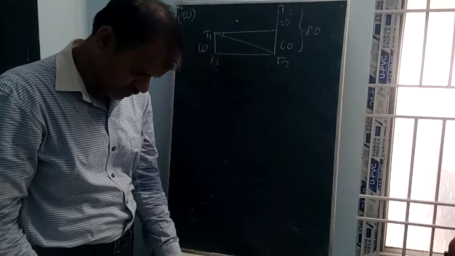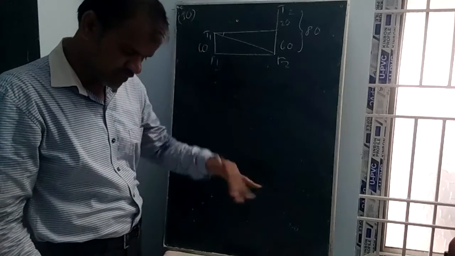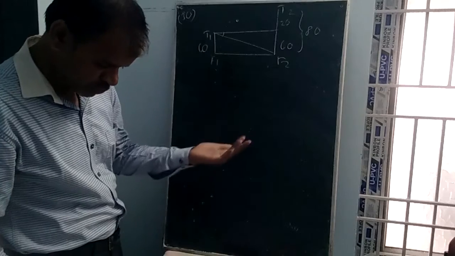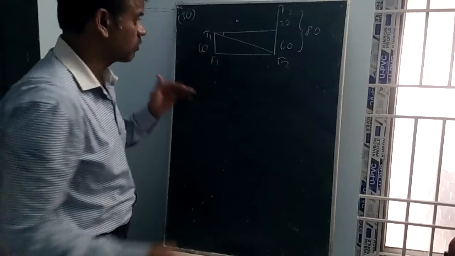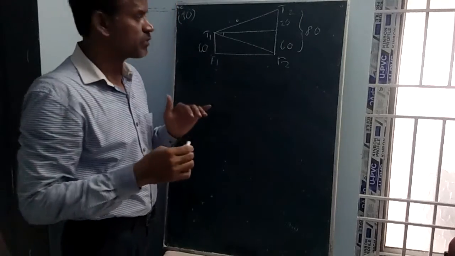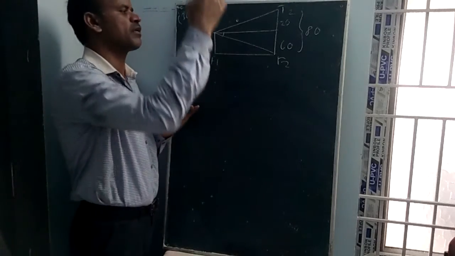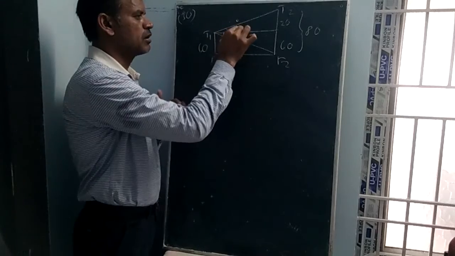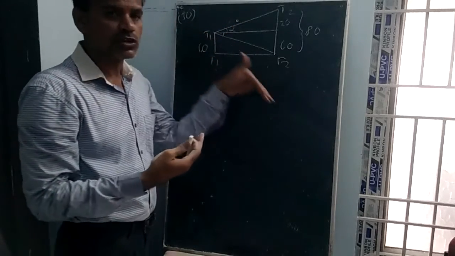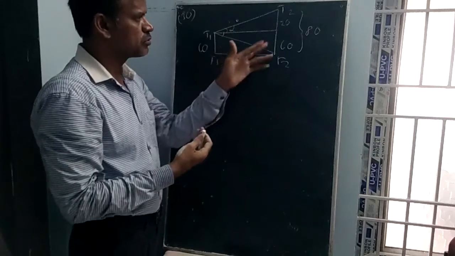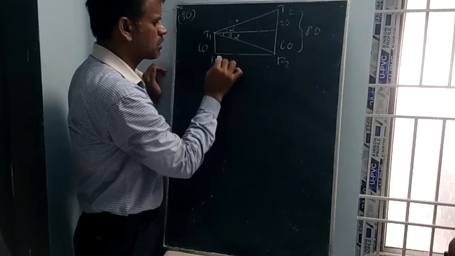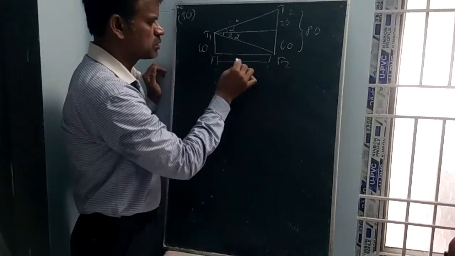From the top of T1, if the angle of depression of the foot of T2 is twice the angle of elevation of the top of T2, then find the width of the river. From the top of T1 to the top of T2, if the elevation angle is alpha, the angle from the top of T1 to the foot of T2 is 2 alpha. It is twice. Then the width we should calculate.